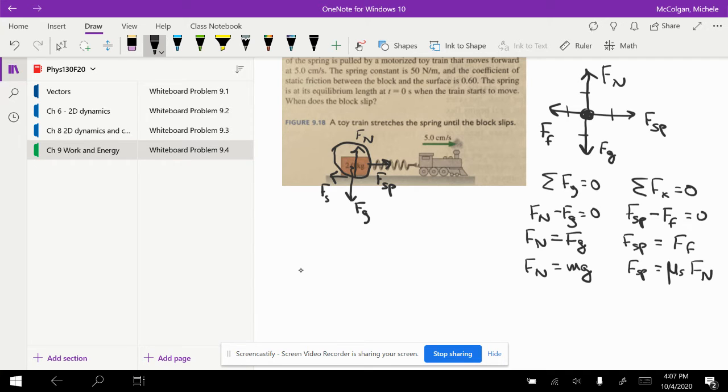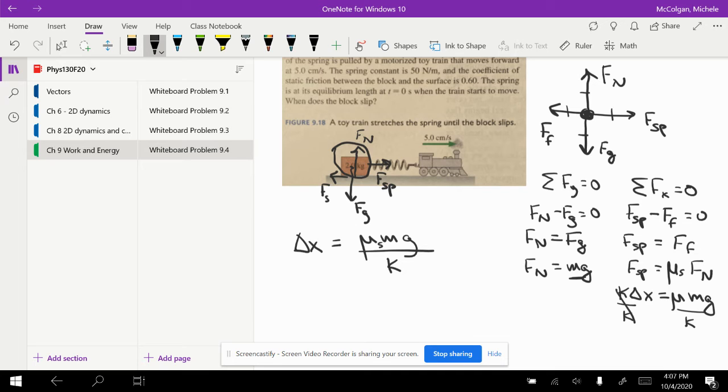Plugging in for the spring, we have k delta x is equal to mu times mg, since the force of the normal is mg. So I can solve for delta x. Dividing both sides by k, delta x is equal to mu_s mg over k.